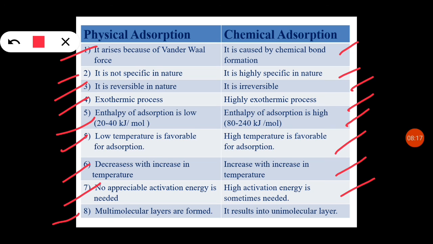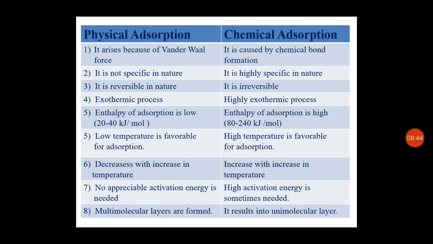But in chemisorption, only a unimolecular layer is formed because bond formation occurs only between adsorbent and adsorbate. Once the surface of the adsorbent gets saturated, no more adsorbate can occupy that place because no bond formation is there between two adsorbate molecules. So this is the difference between physical adsorption and chemical adsorption.